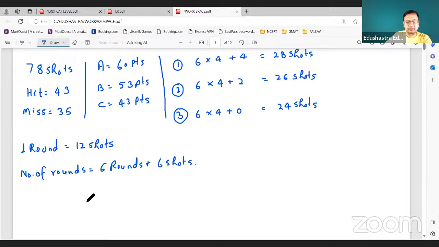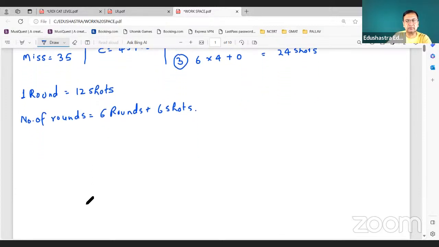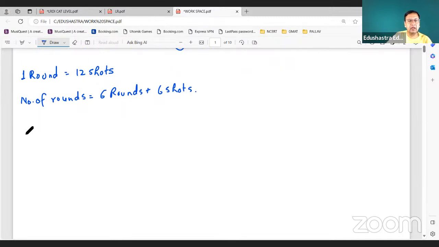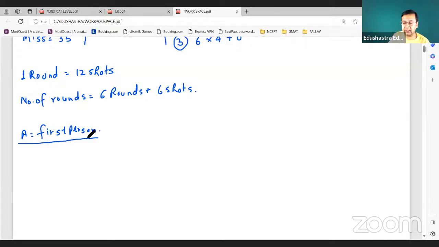So now, if I assume A is the first person, this is my assumption, because we are not making an equation, we are just solving this in a shortcut manner. So I am assuming that A is the first person to shoot here.